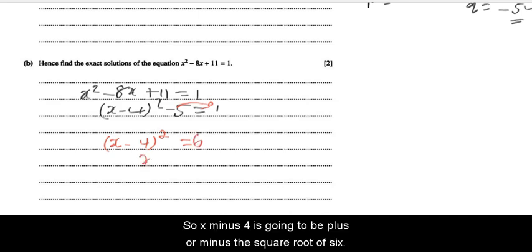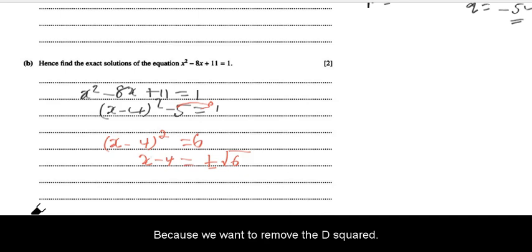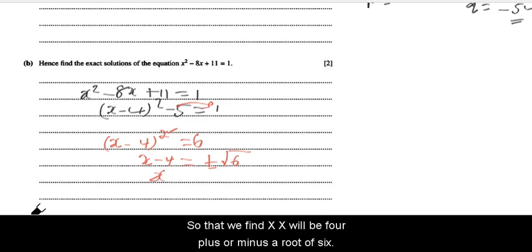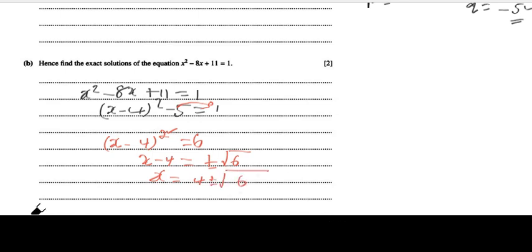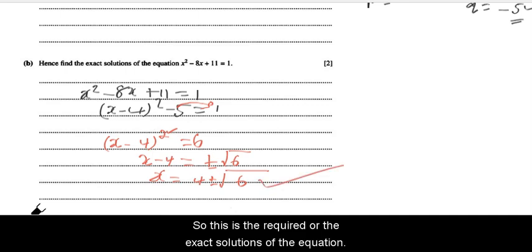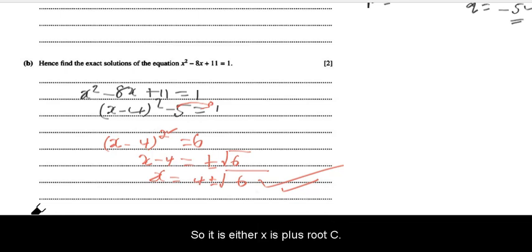So x minus 4 is going to be plus or minus the square root of 6, because we want to remove these squares. So we can take 4 to the other side so that we find x. x will be 4 plus or minus the root of 6. So these are the required exact solutions of the equation. So it is either x is 4 plus root 6 or x is 4 minus root 6.